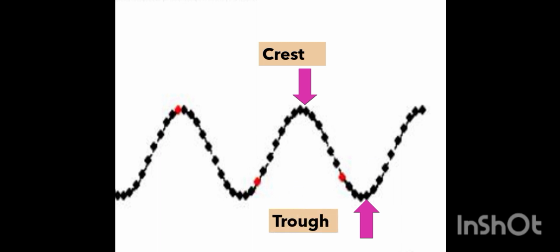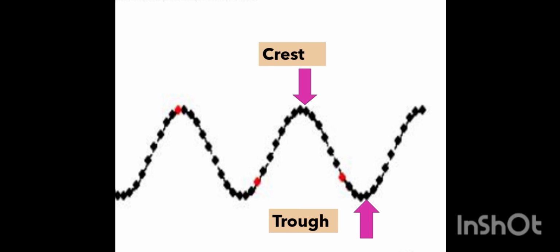If it is a wave, do you know what are the parts of the wave? The topmost part which you can see in the wave is called the crest. The lowest part of the wave is called the trough.